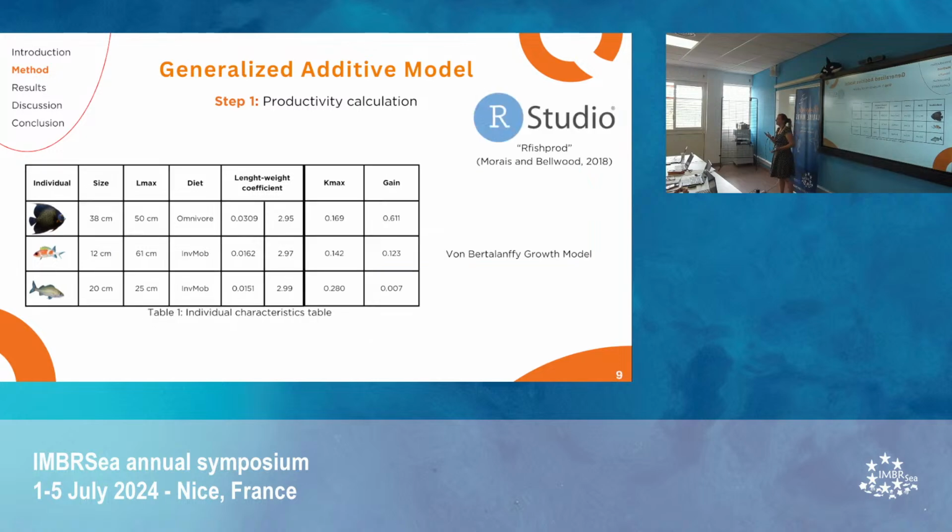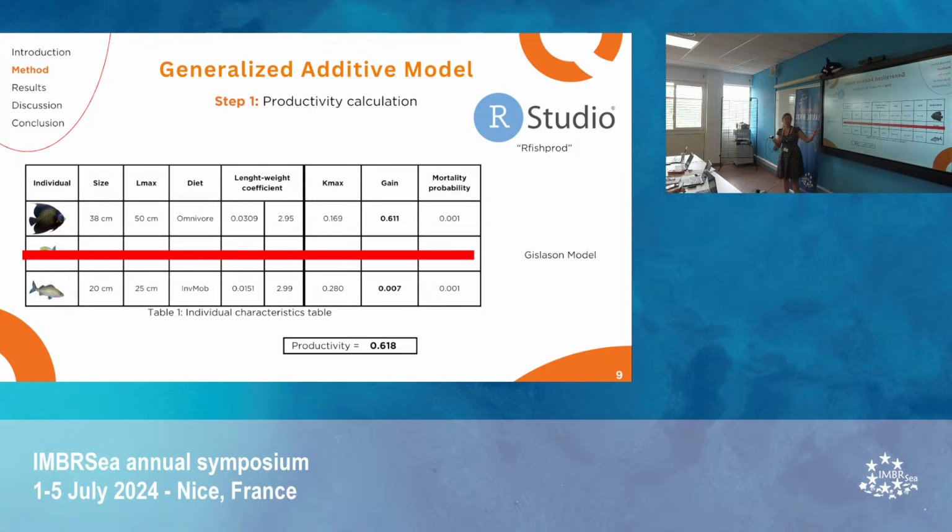Now we are ready to calculate the productivity in R thanks to the package RFishProd developed by Renato Morais. This process also follows a few steps. The first one is the calculation of Kmax, which is a coefficient of the von Bertalanffy growth model, which allows us to calculate the weight of an individual at day 0 and the gain of weight at day 1.